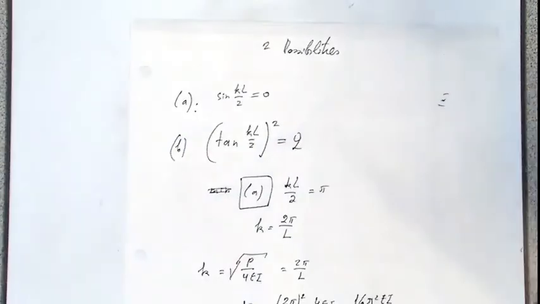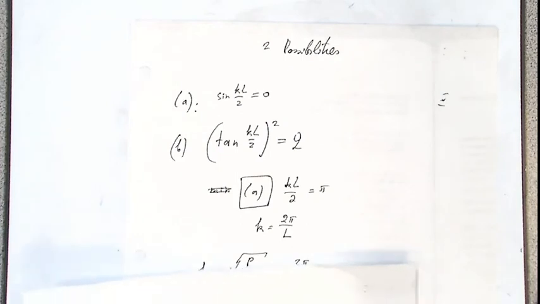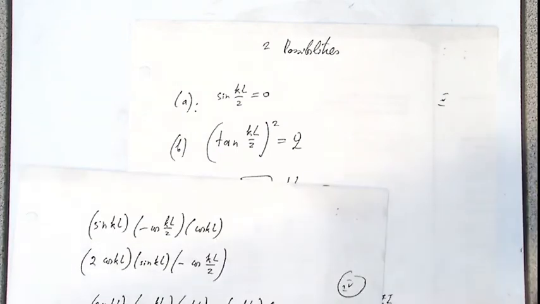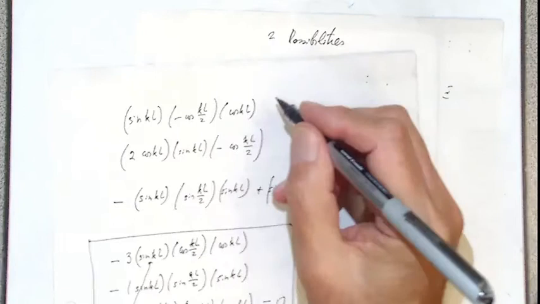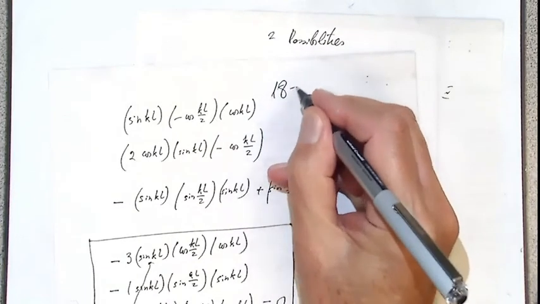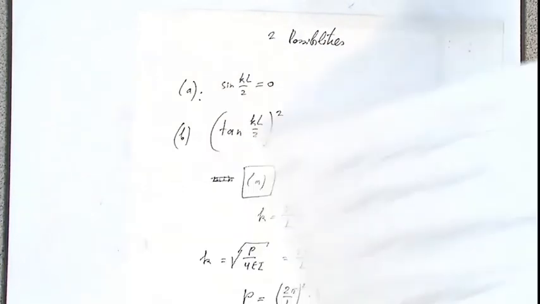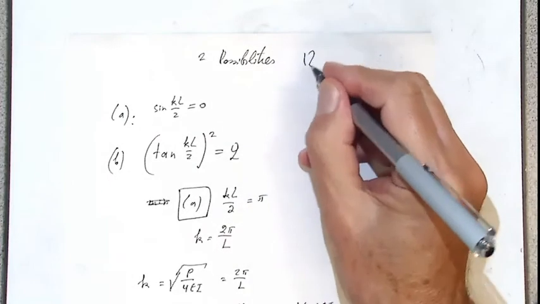So we get, I have to number the pages, 1814, 1815, 1816, and then it is 1817.